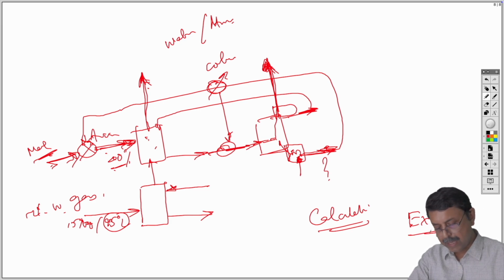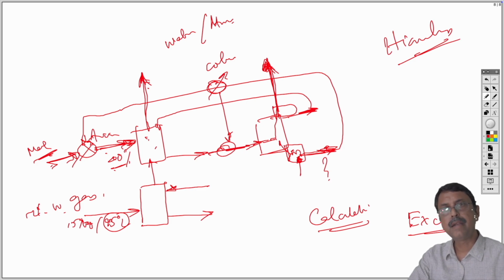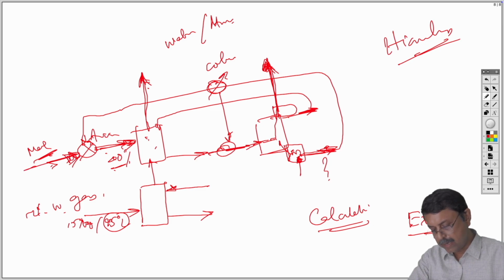Okay, and then finally, after everything is done, and the convergence of the solution is achieved, I will show you how the hierarchy model can be implemented over here. Because in the entire operation, we will see there is only one inlet. Rather, there are two inlets, makeup amine and the gas flow rate. And there will be two outlets, two vapor outlets.